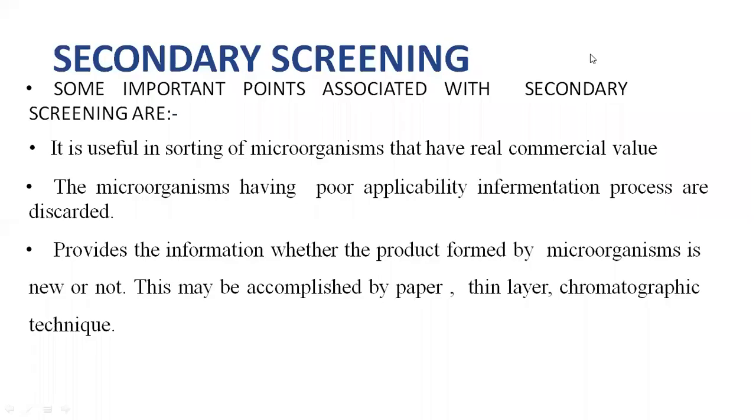So from this, now I will start with the secondary screening. Out of these 10, who is the best? So secondary screening is a sorting process. And the others which are not able to produce a higher amount of product will be discarded.